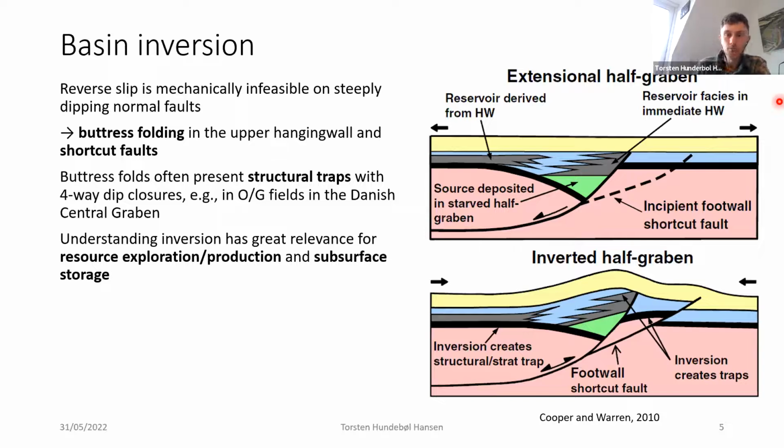So for that reason, the buttress folding we often see in the upper hanging walls of inverted basins is a normal component, and often the first thing you recognize in inverted basins.